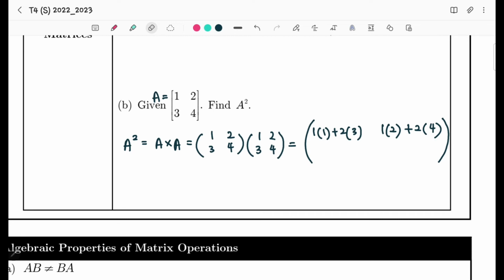Then the second row, first column, so 3 times 1 plus 4 times 3. And lastly, second row and second column, so 3 times 2 plus 4 times 4.